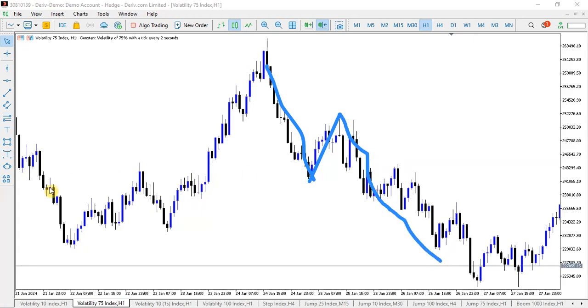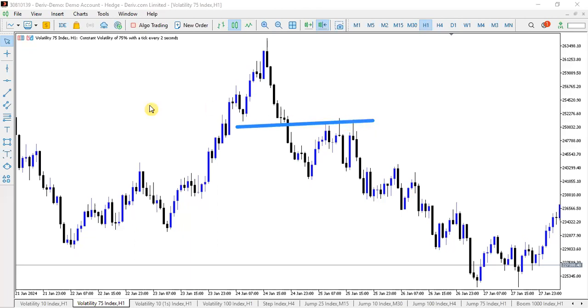So now, how do we actually enter this trade? After the breakout, this is what you do. Wait for the market to come back and retest, and look for candlestick rejection, just like the ones we have here.